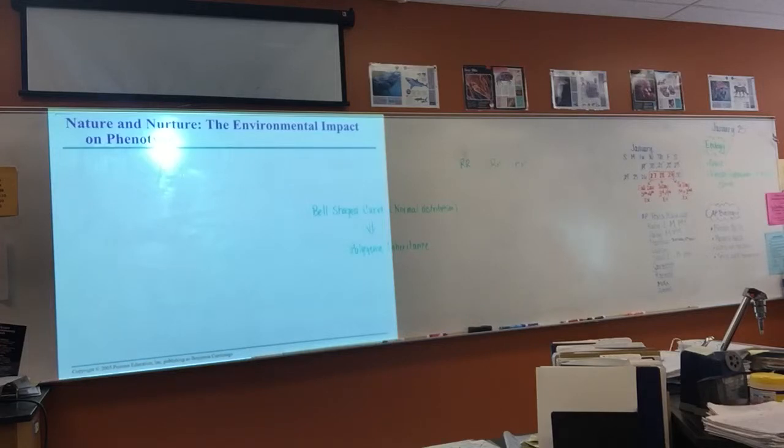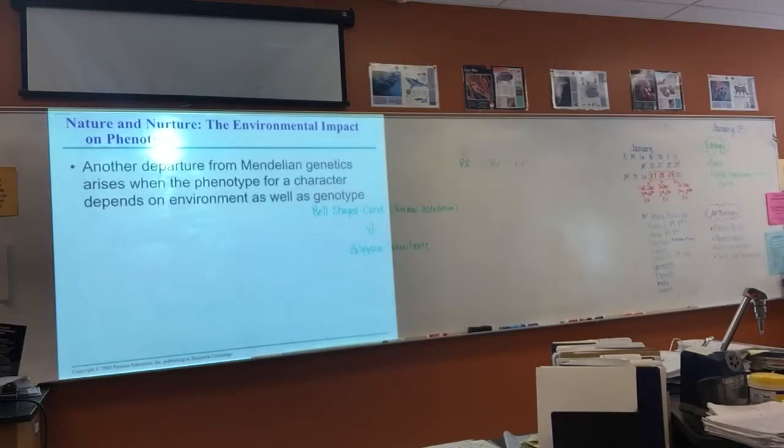And then we look at how different environments can affect the overall traits of the organism, and therefore how much the environment affects certain genes and so on. And so that's the nurture part. So this departs from Mendelian genetics because he hadn't come up with necessarily that the environment is playing a role.